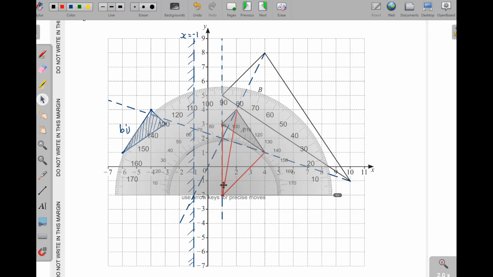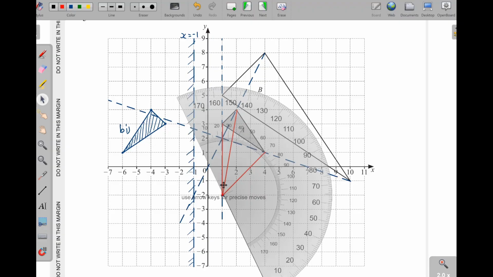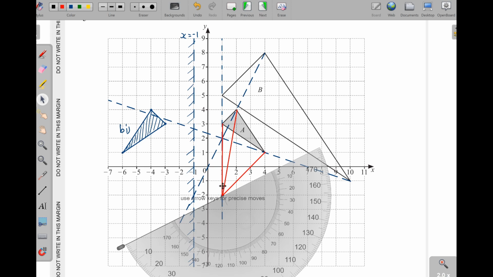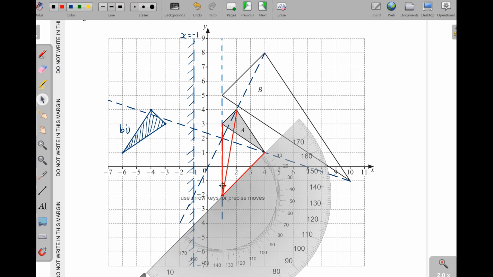They are saying that we rotate this one 90 degrees clockwise. So I need to first do like this, such that this one coincides with that line. Okay, this line, let's say this one here, then 90 degrees clockwise.